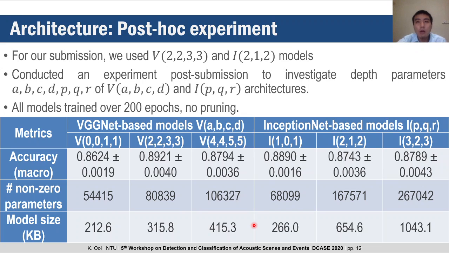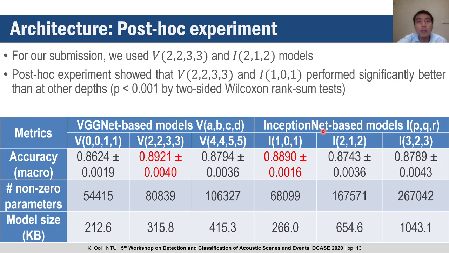However, it turned out that the V2233 and I101 models were the ones that performed significantly better, with a mean macro averaged accuracy of 0.8921 and 0.8890 respectively. Here I have highlighted the results in red. So in retrospect, our choice of I212 for our submission for the InceptionNet model could have been suboptimal.